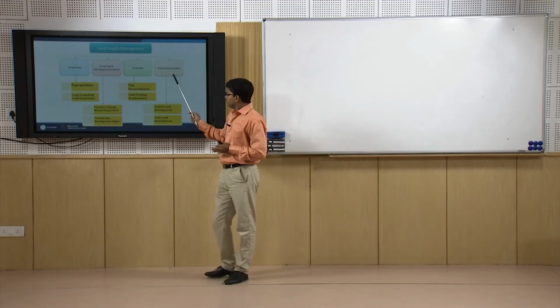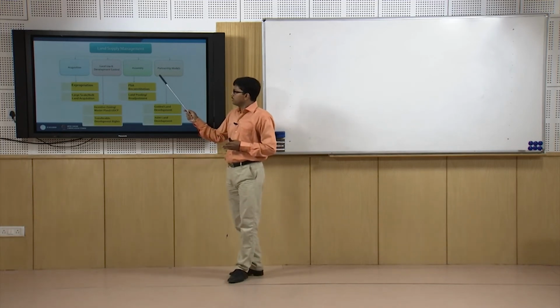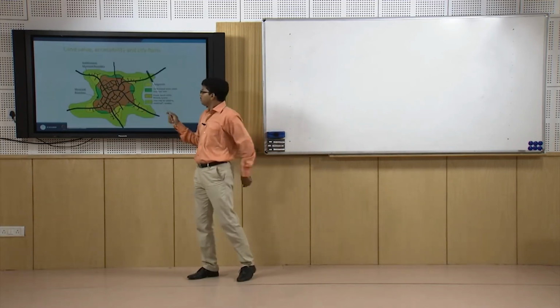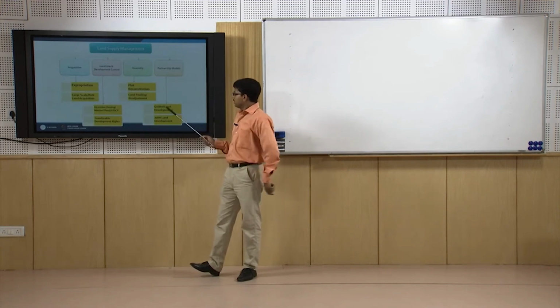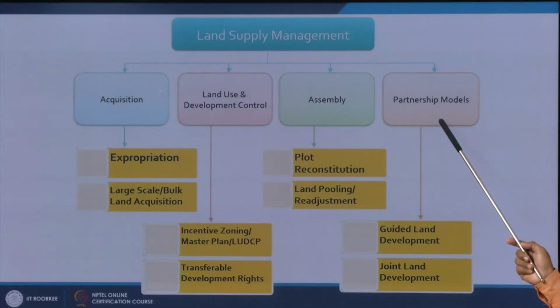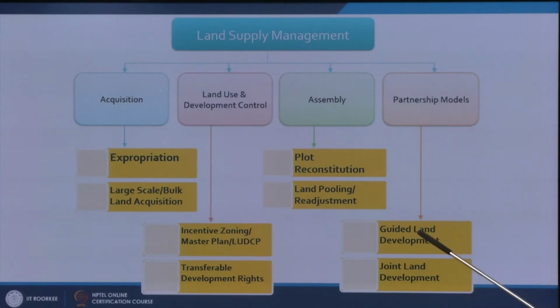In the partnership model, we are not doing any direct intervention, but the government and a private party work together as partners. They can do guided land development or joint land development.